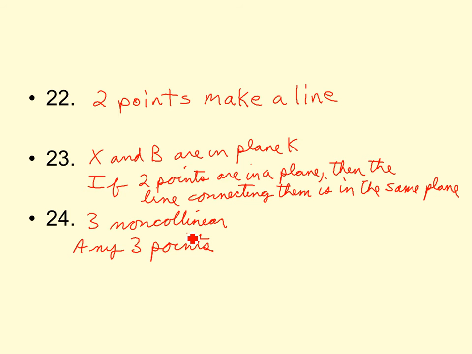You could look back a page, see what the postulate actually says. Any 3 points make a plane, and that's actually incorrect. It should say any 3 non-collinear points. Any 3 points that aren't on the same line make a plane.